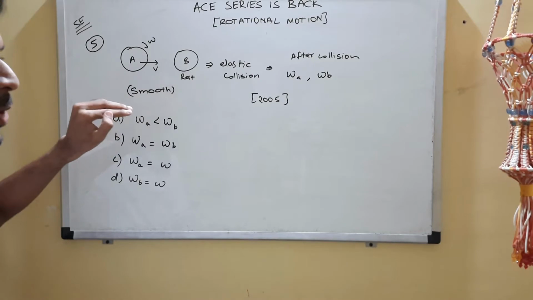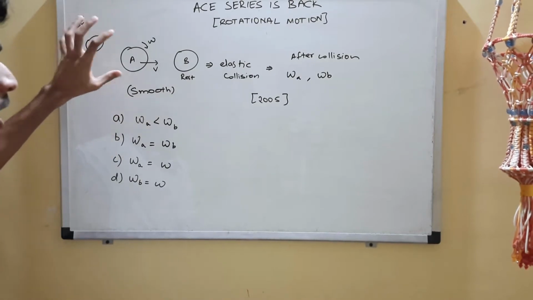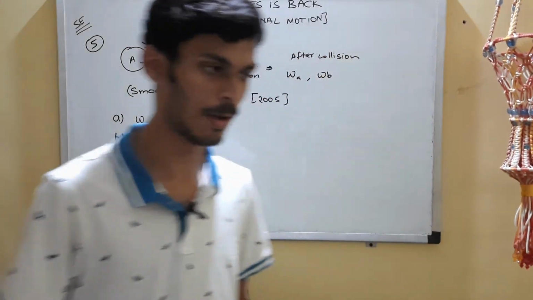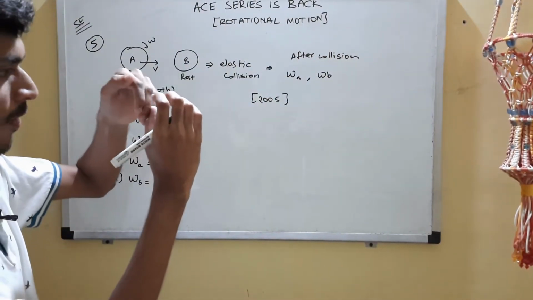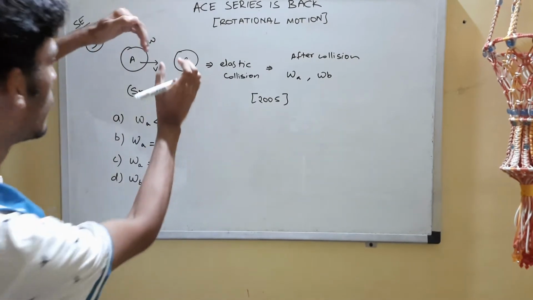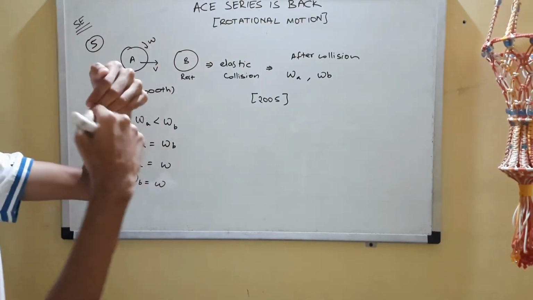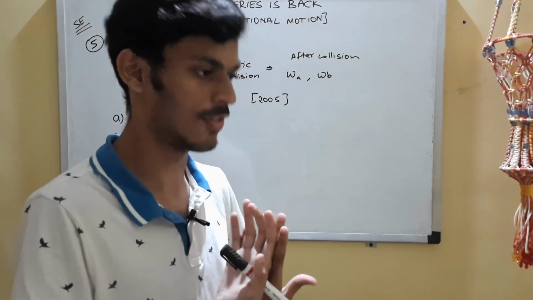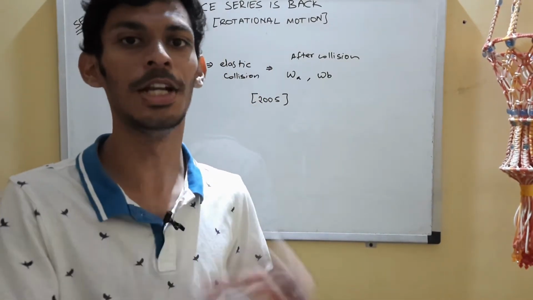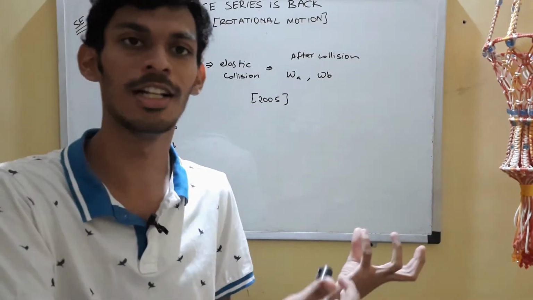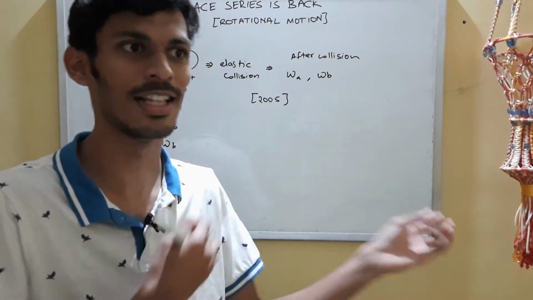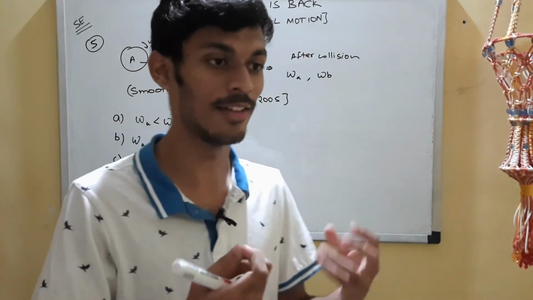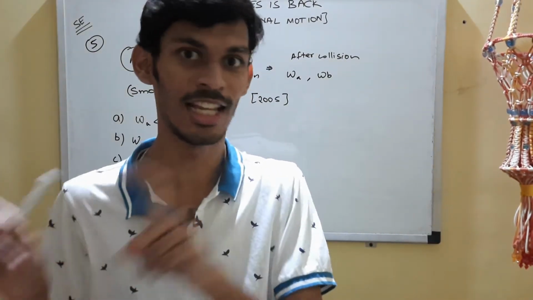Since they are smooth, one particular sphere cannot exert a rotational torque on the other. Whenever they collide, one sphere will be rolling against the other, but they are smooth, so it cannot induce any torque. Sphere A will not be able to induce any rotational motion on sphere B. Since it's an elastic collision and they are identical, they will exchange their translational velocity.